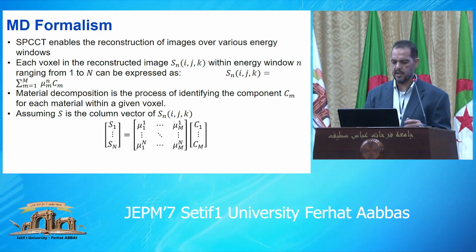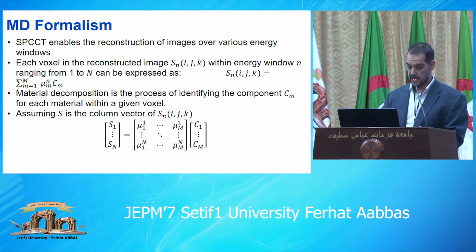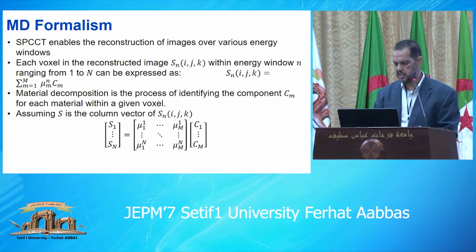We can write that each signal, in this case the attenuation coefficient, which we show as n in ijk because it's in 3 dimensions, can be obtained as the linear combination of the concentration of the material that is in that voxel times the attenuation coefficient of that material at that specific energy or energy window.